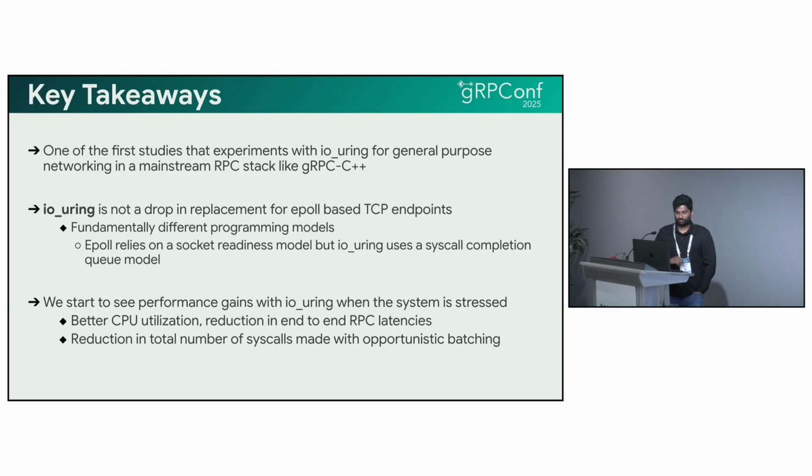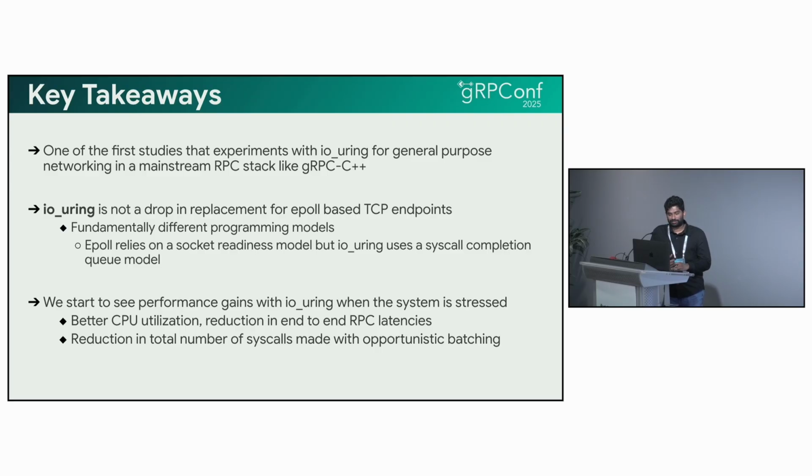So, conclusion. This is one of the first studies that experiments with IOU ring for a general purpose networking stack like gRPC. IOU ring was originally developed at Meta for disk IO, and we were trying to see how it would work for a general purpose networking stack. We saw that IOU ring is not a drop-in replacement for existing epoll based endpoints.